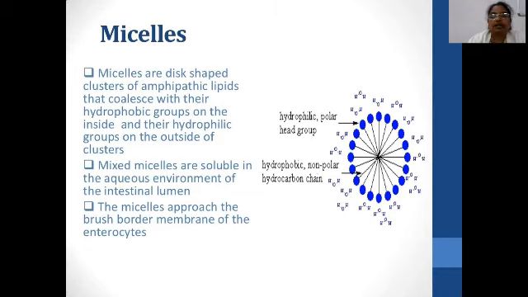So here in this picture, which is in blue color, the round ones are the hydrophilic polar head groups, whereas the long one is the non-polar hydrocarbon chain.